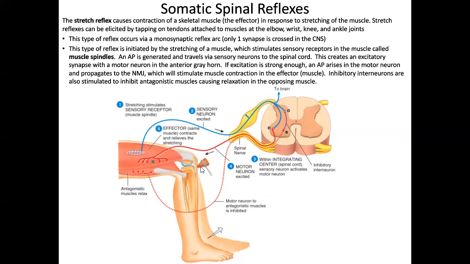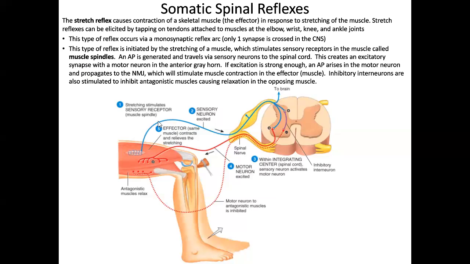But basically, by tapping on that patellar tendon, it causes the quad muscles to stretch. Obviously, it's not going to be a huge stretch, but it is enough of a stretch to stimulate what we call muscle spindles. Muscle spindles are the receptors or sensors, whatever you want to call them, that wrap around the muscle fibers, and their job is to monitor how much stretch the muscle is currently under. Okay, so when that muscle is stretched, the spindles are activated.